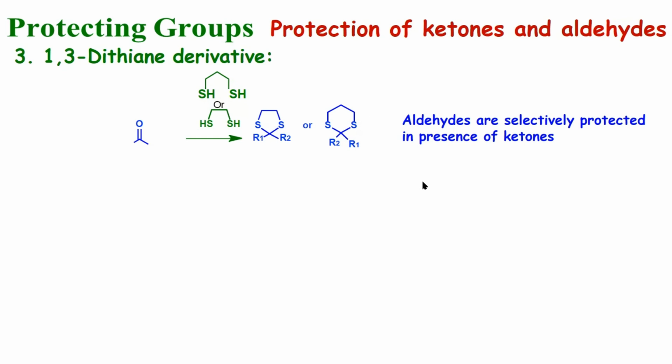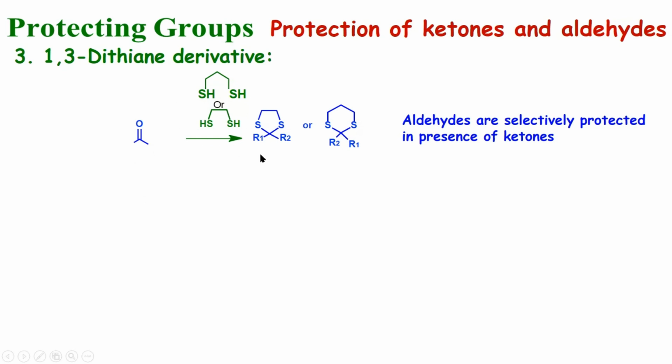The salient feature, or the beauty, of 1,3-dithiane derivatives is that aldehydes can be selectively protected in the presence of ketones. When I have both aldehyde and ketone, I want to protect only the aldehyde and leave the ketone unaffected.